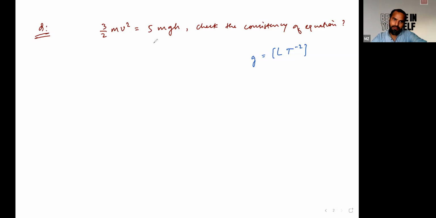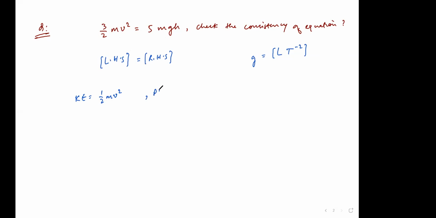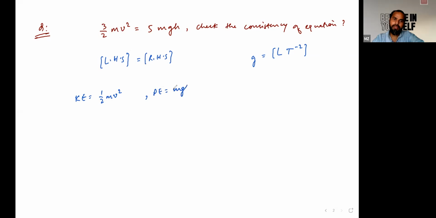On checking the dimensions of these two parts, the dimension on the left-hand side and the right-hand side are equal. But this is not the actual formula of kinetic energy. As we have learned, kinetic energy is equal to half mv square. Similarly, potential energy is equal to mgh. But I have transformed those formulas and given you 3/2 times mv square and 5 times mgh.